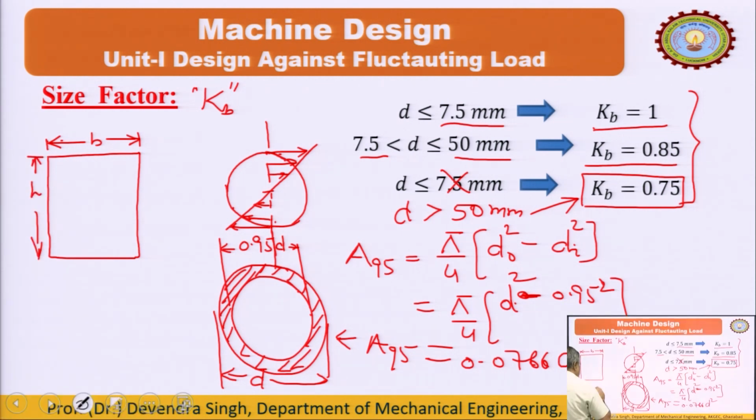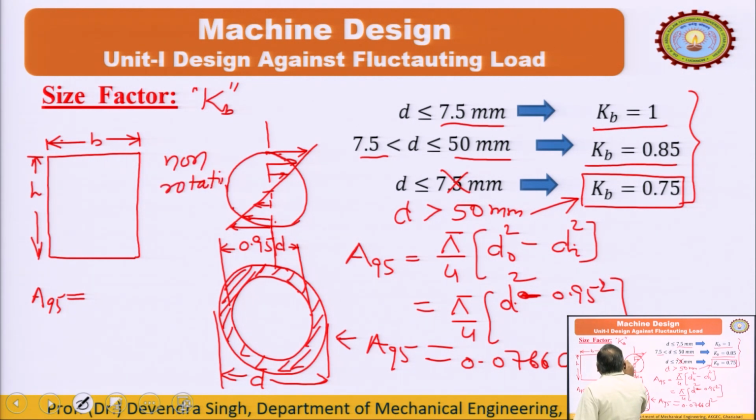So here, A95 is the area where 95% of the maximum stress occurs; this is non-rotating, and a bending is applied. So, A95 will become 0.05 BH.